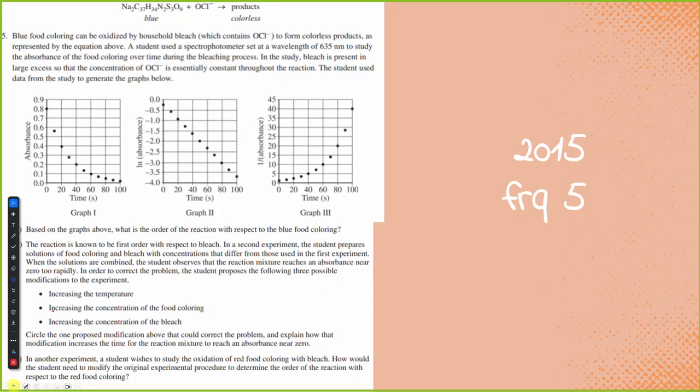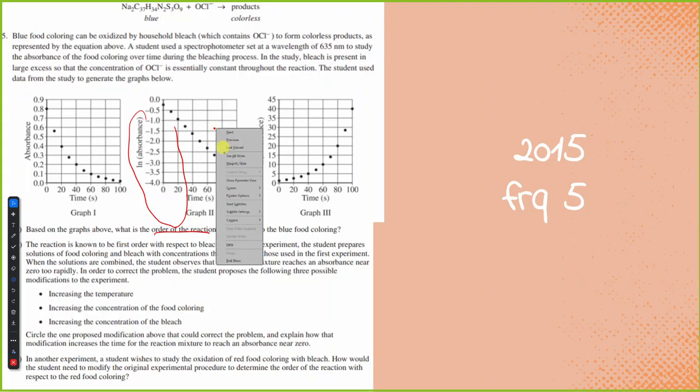Okay, so this one, blue food coloring. Hey, we did blue food coloring. Based on the graphs here, what is the order of the reactant? Well, that's going to be this one, obviously. Sorry, my pen thing switched over again. Anyways, it's the natural log of the concentration versus time graph.